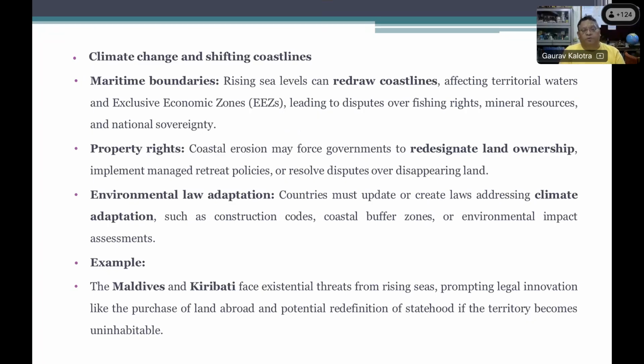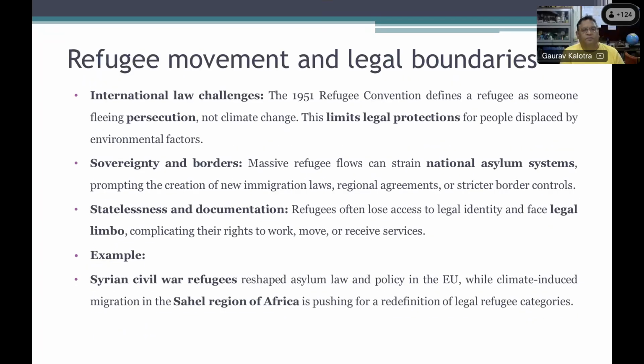Environmental law adaptation. Countries must update or create laws addressing climate adaptation, such as construction codes, coastal buffer zones, or environmental impact assessments. For example, the Maldives and Kiribati face existential threats from rising seas, prompting legal innovation like the purchase of land abroad and potential redefinition of statehood when the territory becomes uninhabitable.